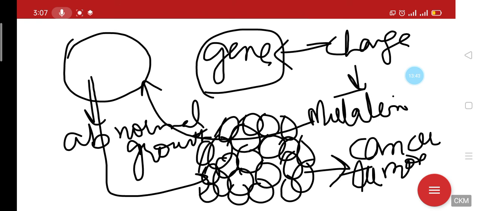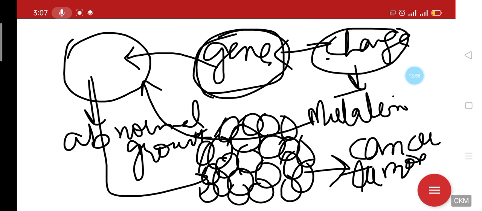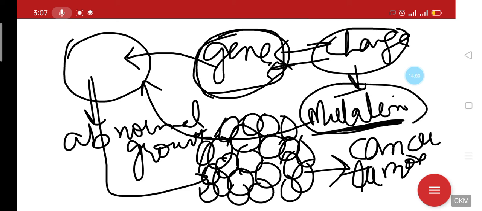So students, what we have learned is that the gene is basically the DNA that controls the growth and reproduction of a cell. Any change that occurs in the gene is known as a mutation, and there are some mutations which cause abnormal growth of the cell.